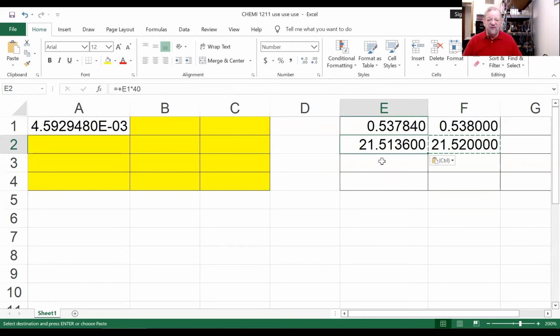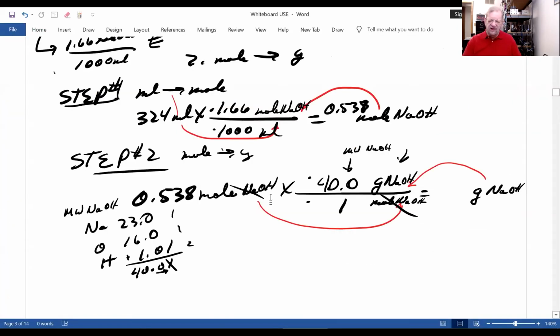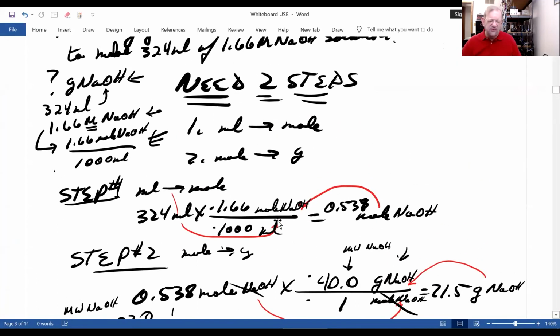Notice if we round this off to 3 significant figures, oh, look, we get the same number both ways, 21.5 grams. And that's how you make up what's called stock solutions of certain molarity. And remember, you have to do 3 steps.